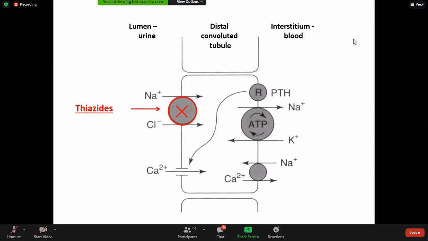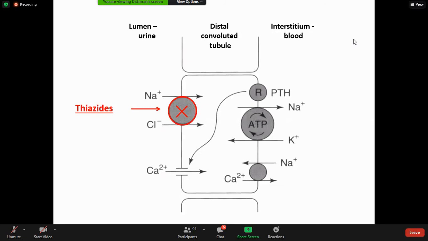So what will happen? The concentration of solute will increase in the lumen. Water moves from low solute concentration to high solute concentration.